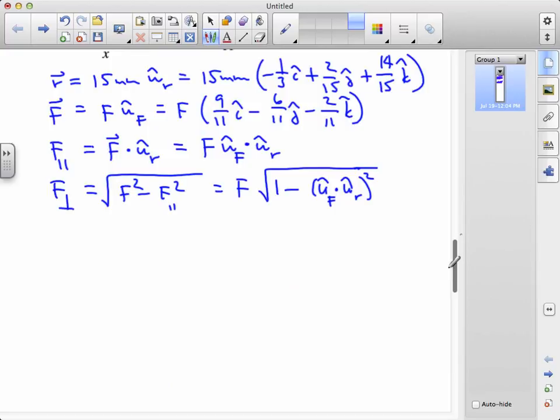So we're trying to solve for F, and we know what the magnitude of F perpendicular should be, so we have an expression for our magnitude, which is the prescribed value of the perpendicular component of F over the square root of 1 minus quantity UF dotted into UR, quantity squared.